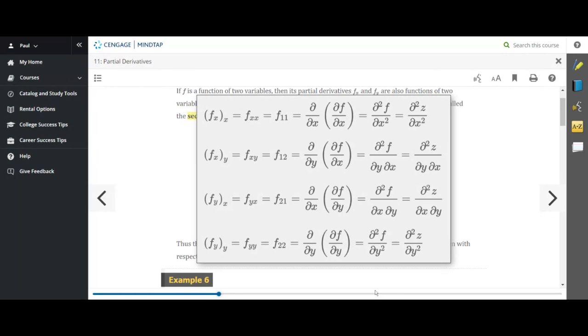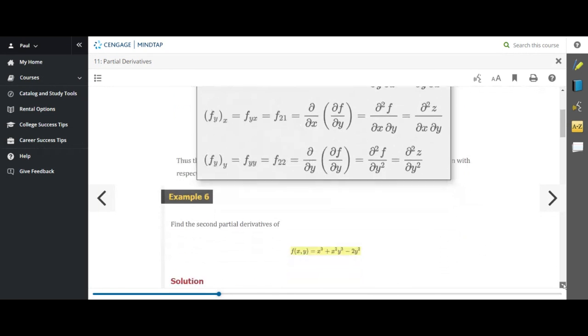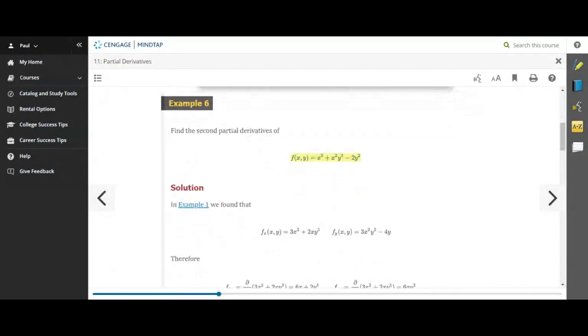So let's take a look at an example. Okay, so example 6 says, find the second partial derivatives of this function, f of xy equals x cubed plus x squared y cubed minus 2y squared. We want to find the second partial derivatives.